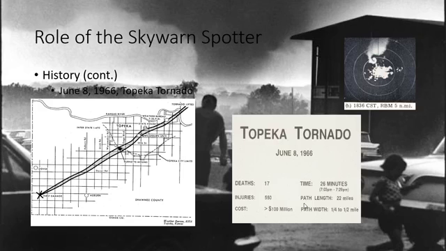It ranged anywhere from a quarter mile to half a mile, and at that time, it was the costliest tornado in history, with over $100 million worth of damage back in 1966. Nowadays, that's pretty close to 200 million.